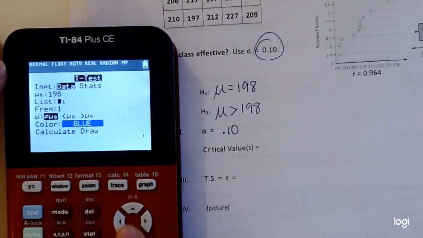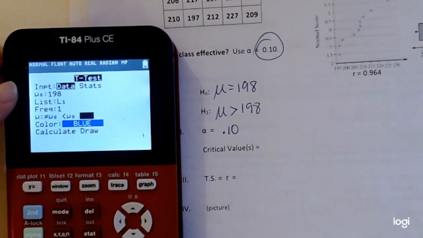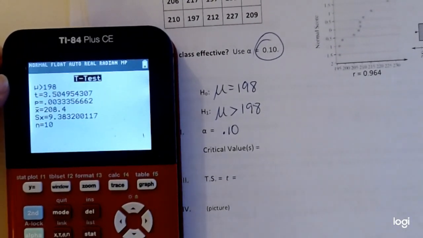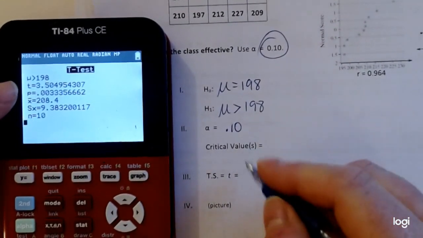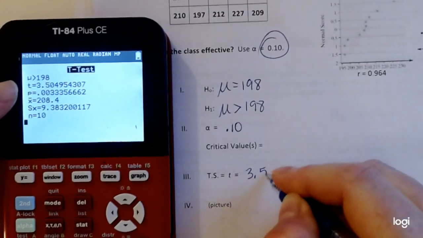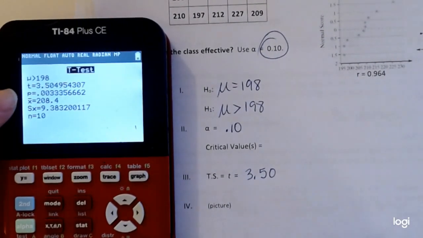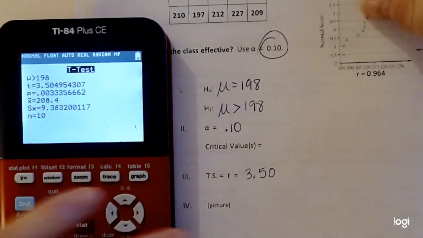That's already chosen, so I can leave that. The frequency is going to be 1. This is going to be a right tail test, so I'm going to go over and highlight the greater than. And when I calculate, I get my test statistic is 3.50, and my p-value is 0.0033.